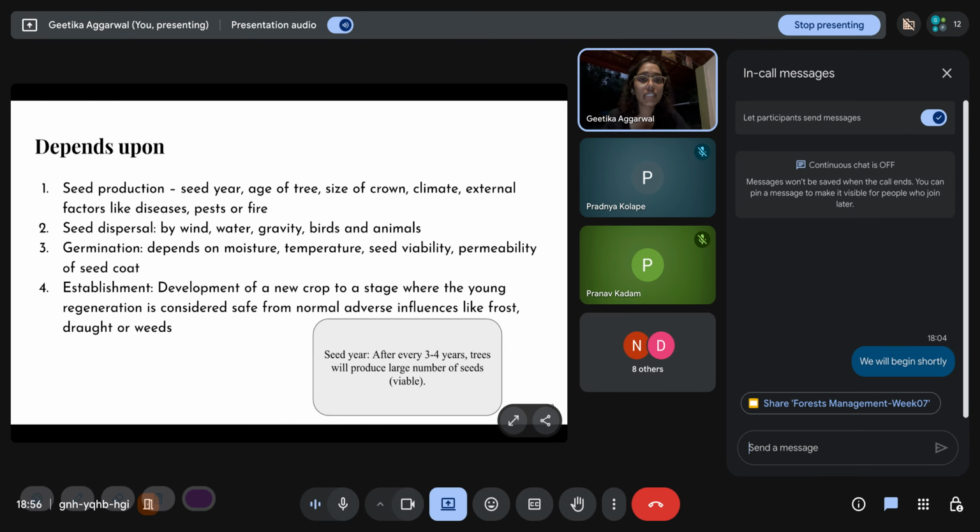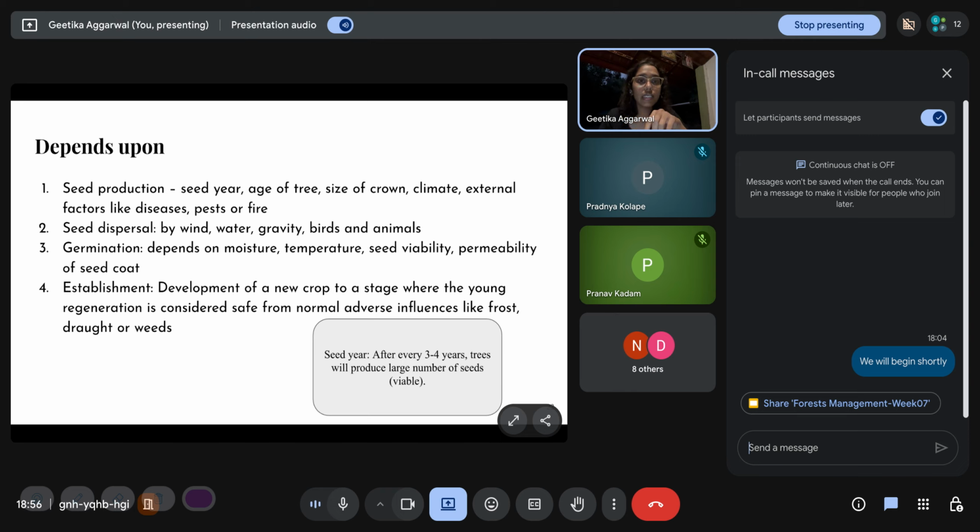So it depends on seasonality and climatic conditions. Say in one year, there will be a sudden boom in the number of seeds produced by the trees. Then it will go down again for a few years, and then after 3-4 years, there will be another boom in the number of viable seeds being produced.